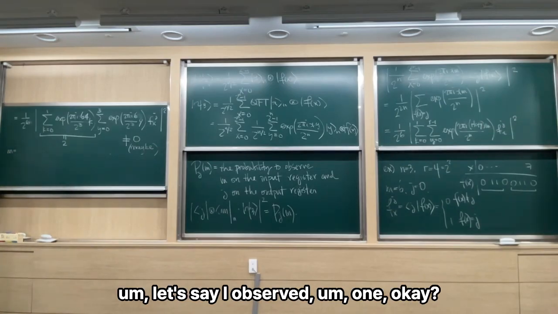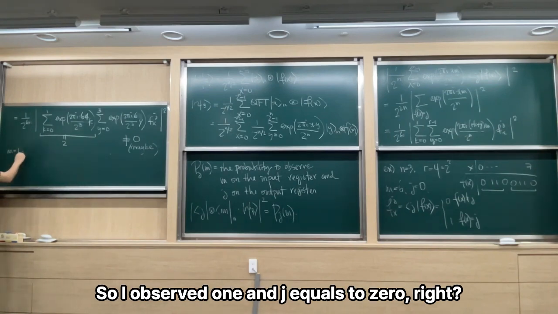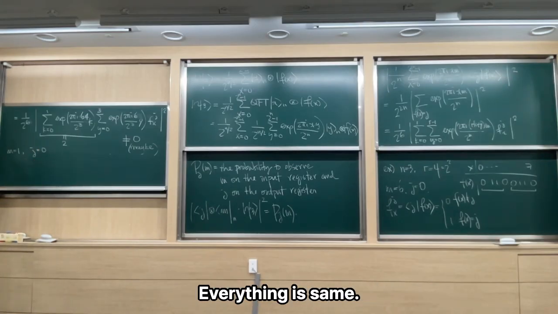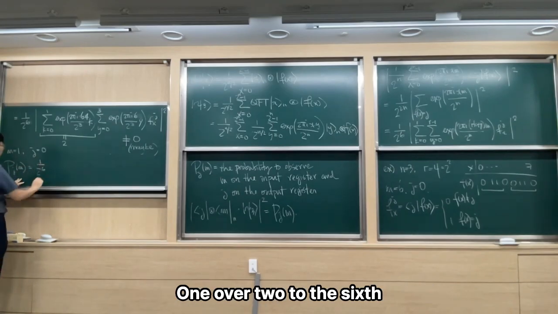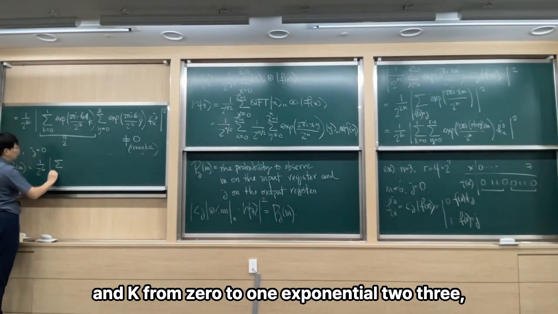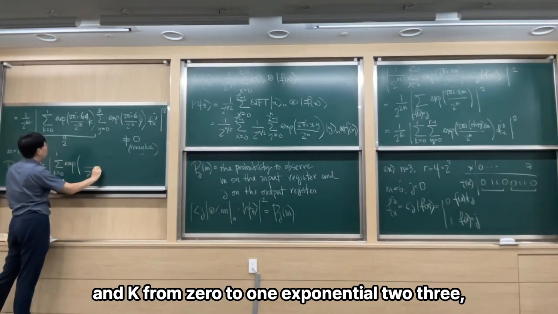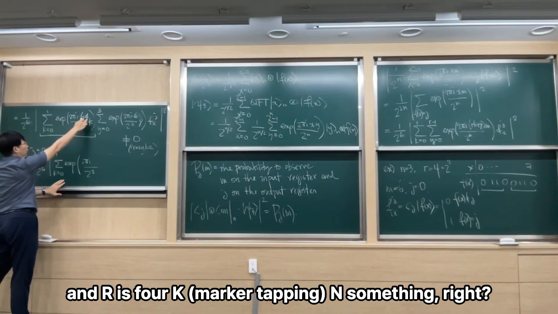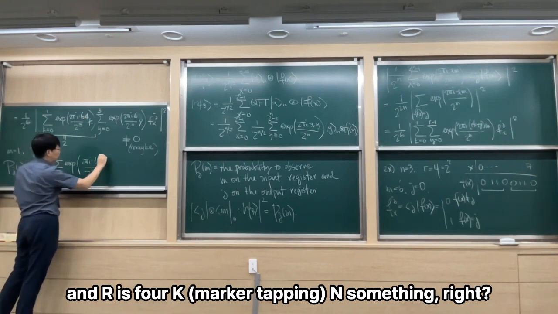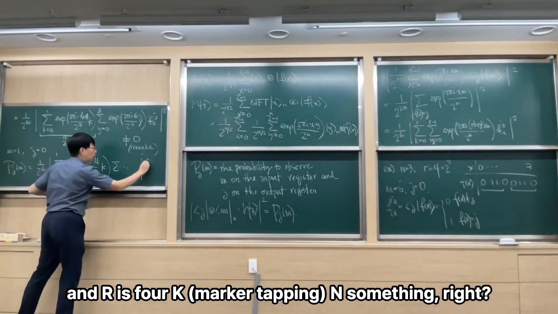So, however, let's say I observed 1, okay? So I observed 1 and j equals to 0, right? So then what happens? So everything is same, n is 3, r is 4. The pjm is now what? 1 over 2 to the 6, and k from 0 to 1, exponential 2, 3, 2 pi I. M is 1, so just 1 here, and R is 4, K, and something, right?